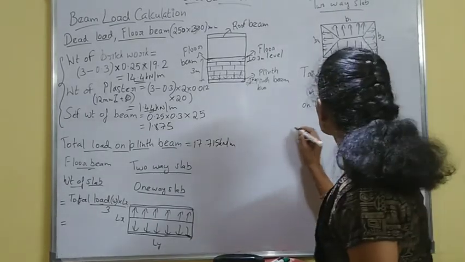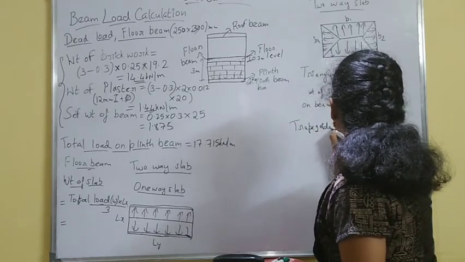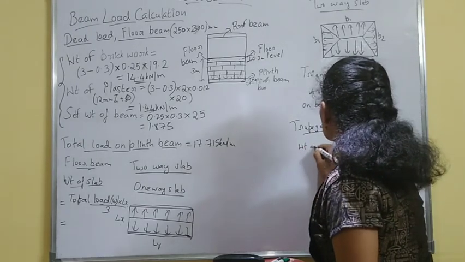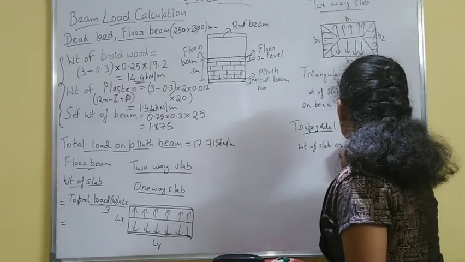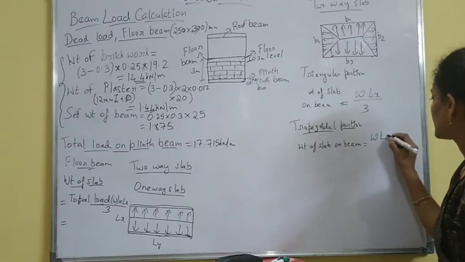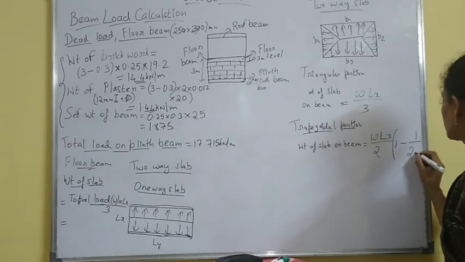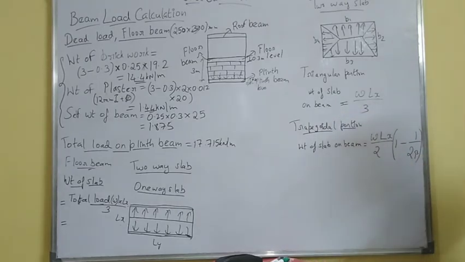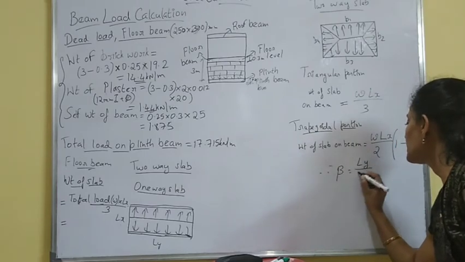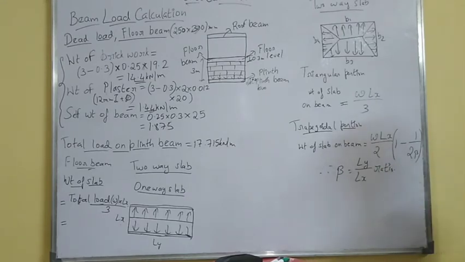Suppose you are considering a trapezoidal load, then for that case the weight of slab on beam is W into Lx by 2, into 1 minus 1 by 2 times beta. This is your formula. Here beta is nothing but the Ly by Lx ratio.